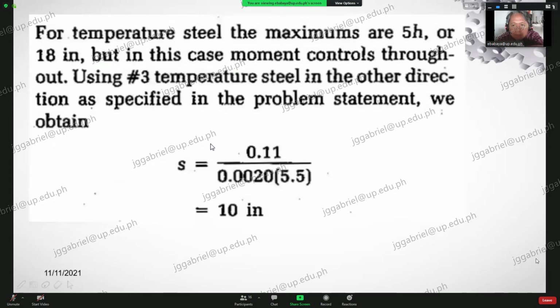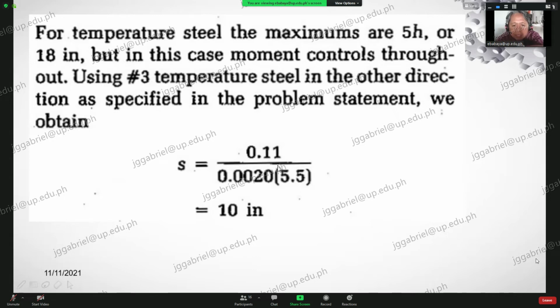Now, for temperature steel, the maximums are 5H or 18 inches. Of course, this is the temperature and steel reinforcement perpendicular to the moment reinforcement. So using number 3, you have to use 0.0020 because that's grade 40 steel.